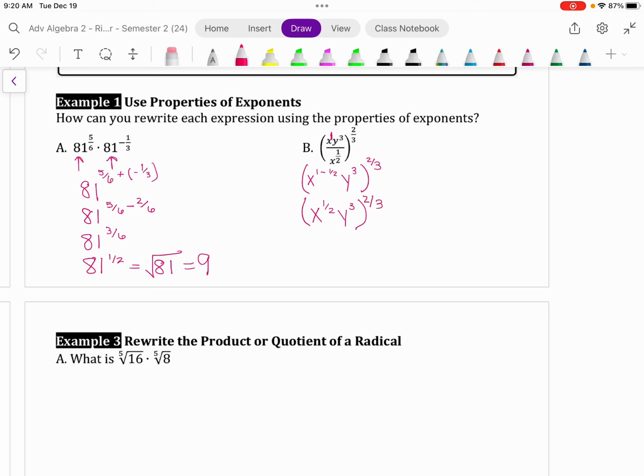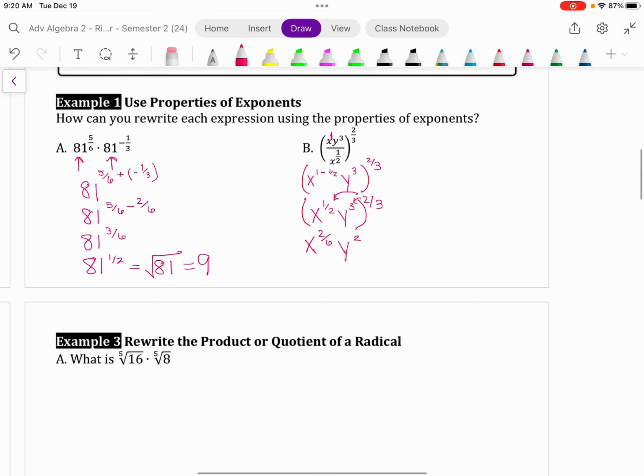And then a power to a power, we multiply. So when we multiply fractions, top times top, so 2 times 1 is 2. Bottom times bottom, 2 times 3 is 6. Okay, and then for y, we have 3 times 2/3. So actually the 3's will cancel and I'm just left with y squared.